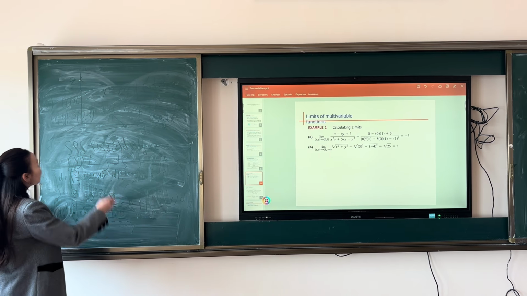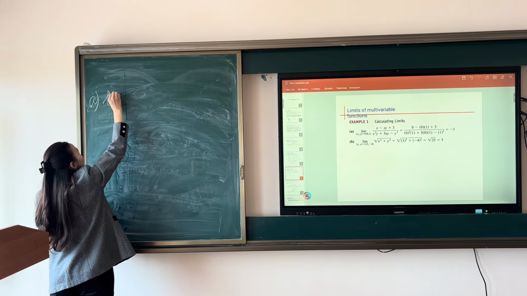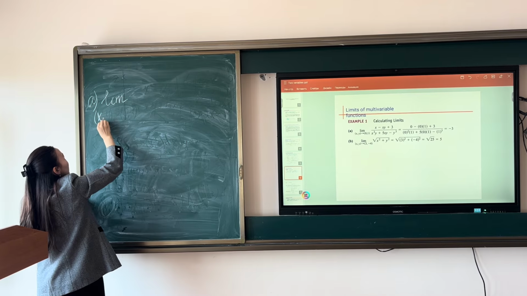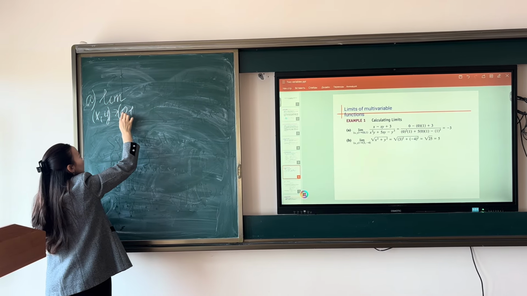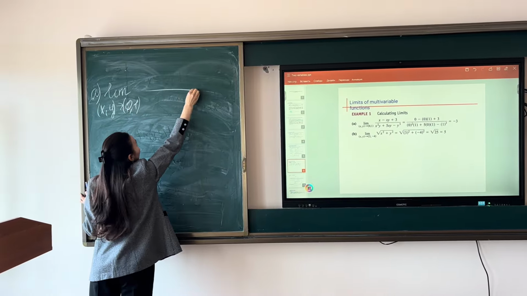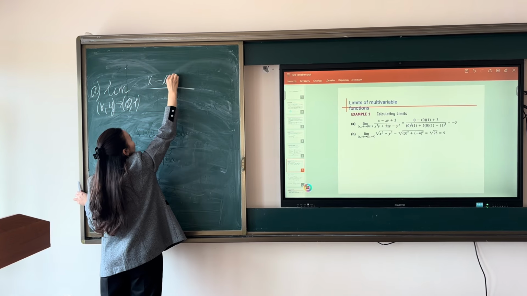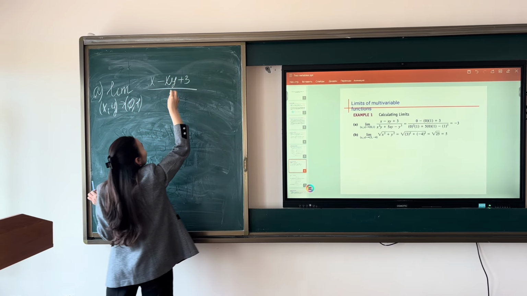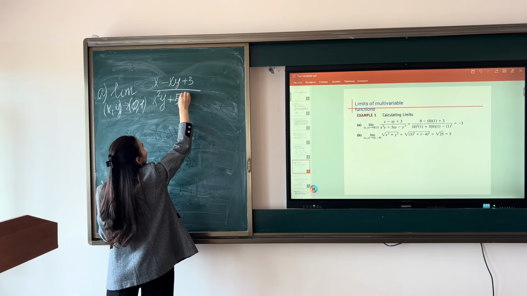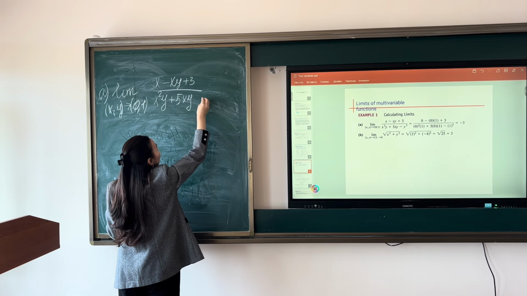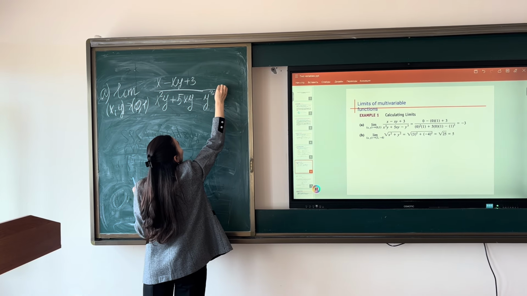So first example: the limit as (x, y) approaches (0, 1) of the function (x minus xy plus 3) over (x squared y plus 5xy minus y cubed).